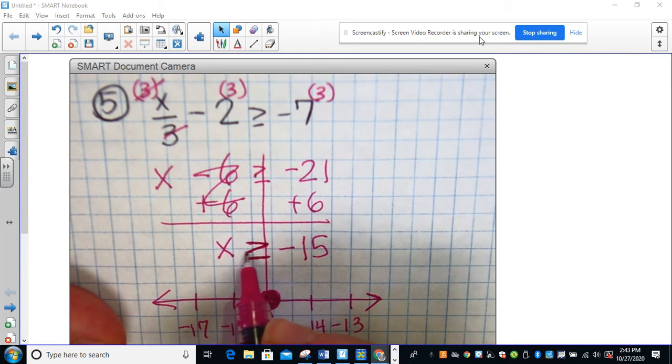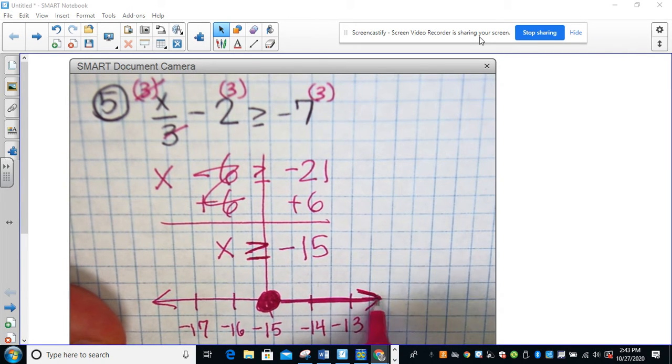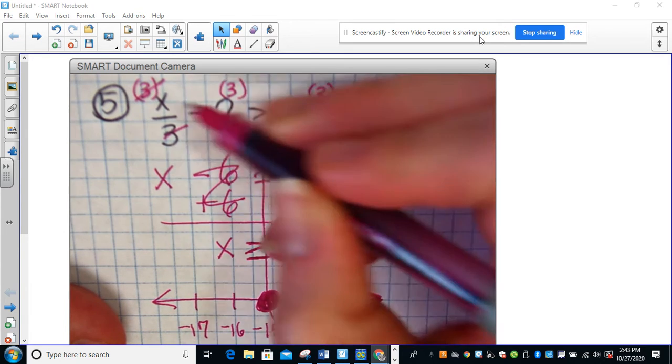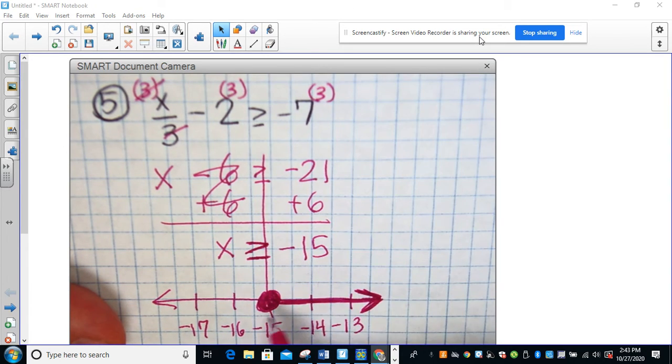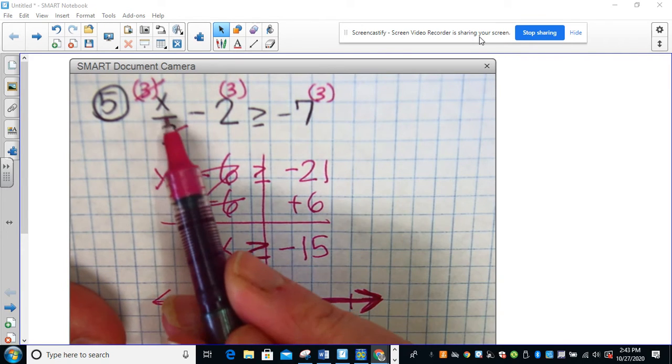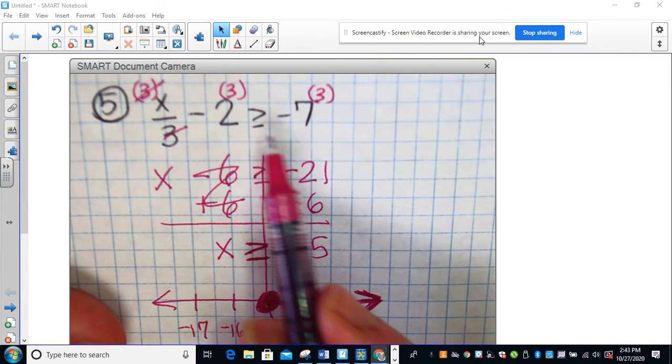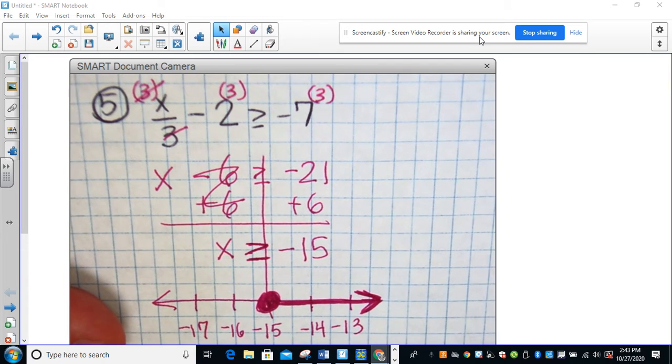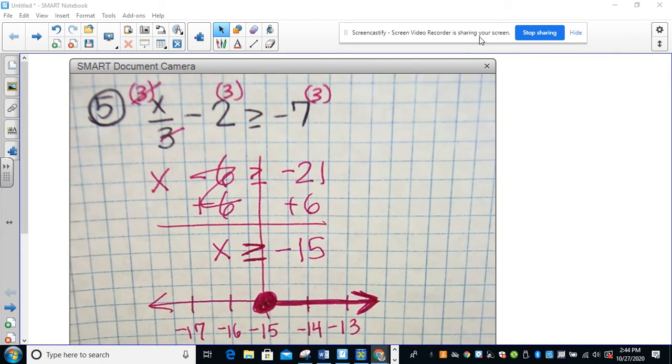And then it's greater than, so we shade to the right. Again, this means you could plug in up here negative 15 or negative 14 or negative 13 or 0 or 5 or 10 or 20, any of those numbers, and work it out, and you're going to get greater than or equal to a negative 7. Any of those numbers work, including the negative 15.